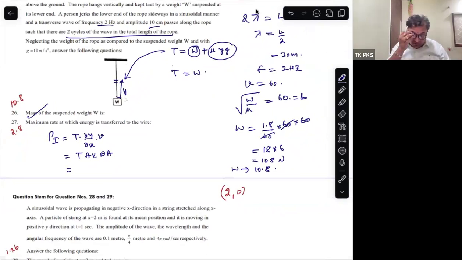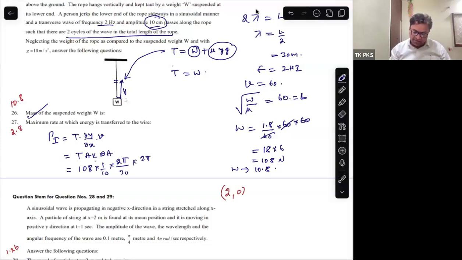Just substitute, you have every value available. They have given amplitude also. K is 2 pi by lambda. Omega, we already have frequency, 2 hertz. Tension, just now we identified 108 newtons. Amplitude, 1 by 10. K, 2 pi by lambda, lambda is 30 meters.